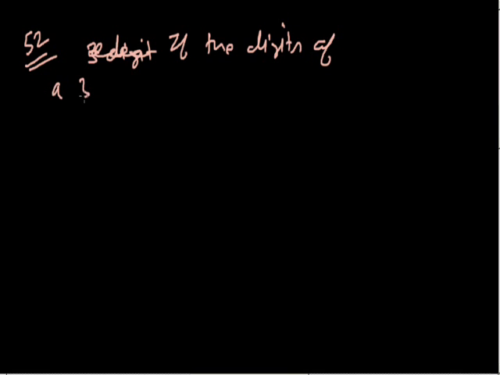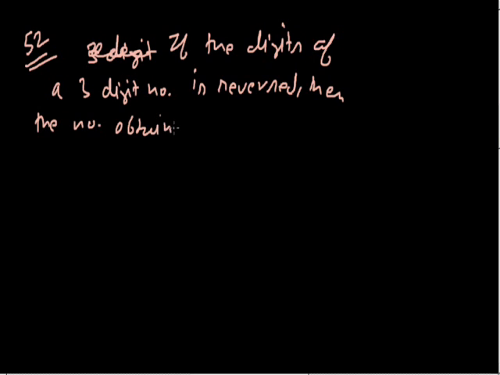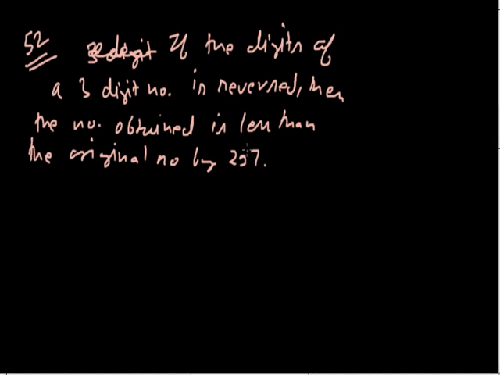In question number 52, if the digits of a three-digit number are reversed, then the number obtained is less than the original number by 297.